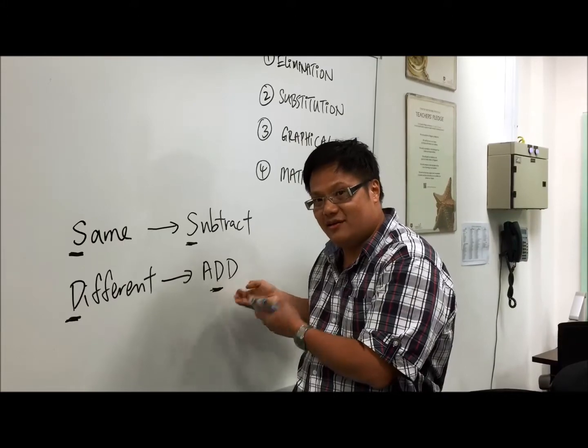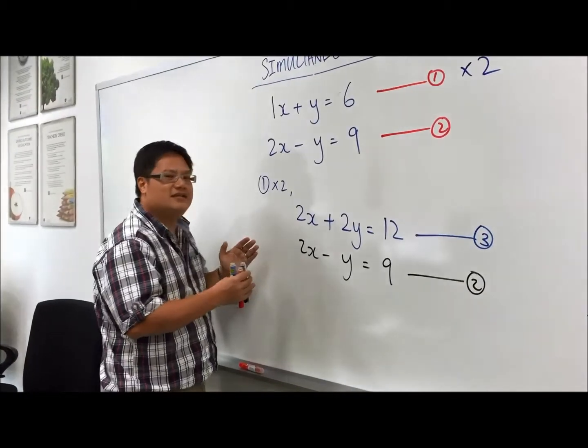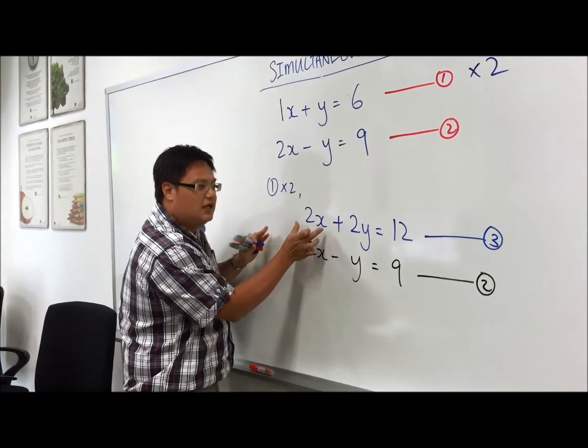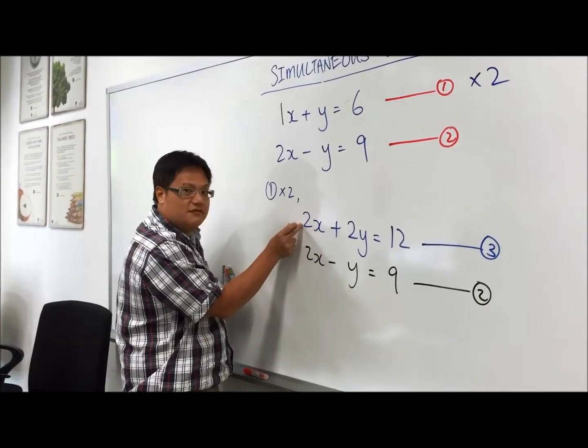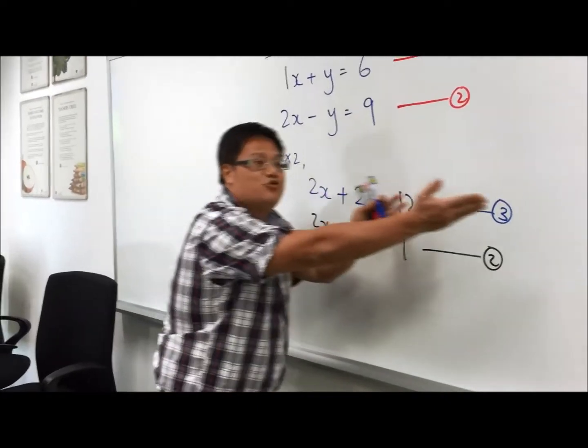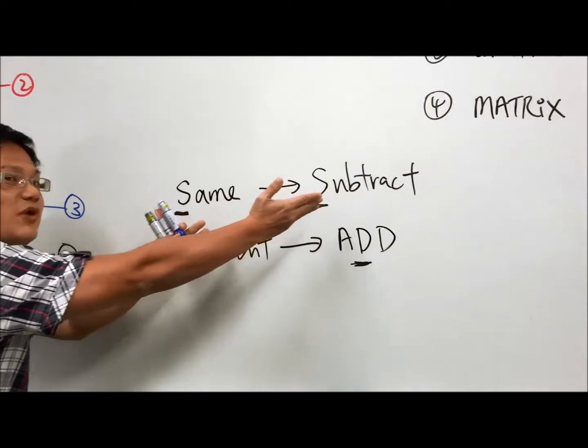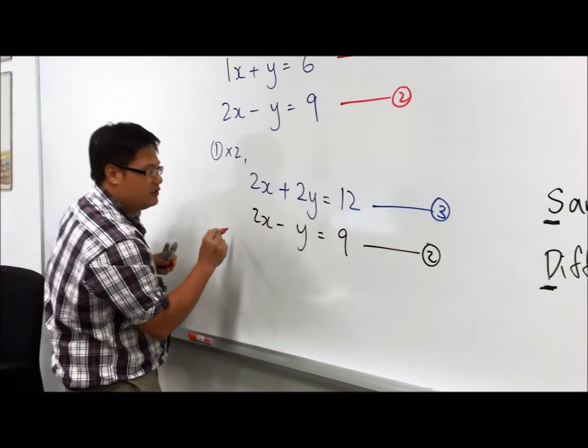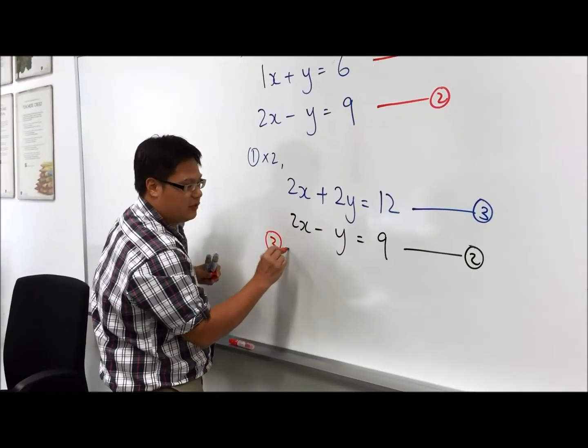In this case, the 2x in equation 3 is positive, and the operational sign of the 2x in equation 2 is also positive. When it's the same, you subtract them. So we take equation 3 minus equation 2.